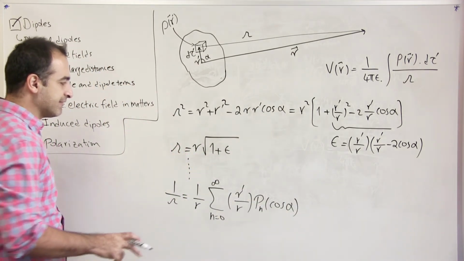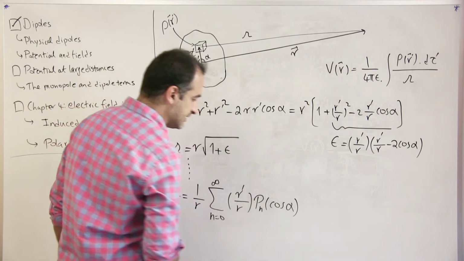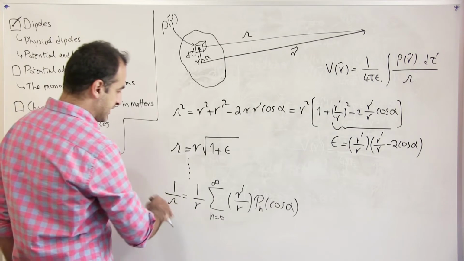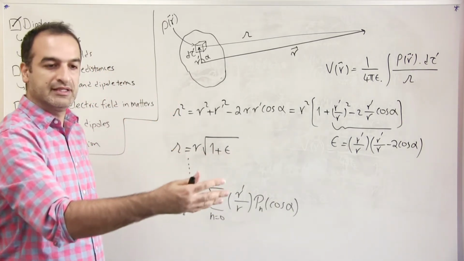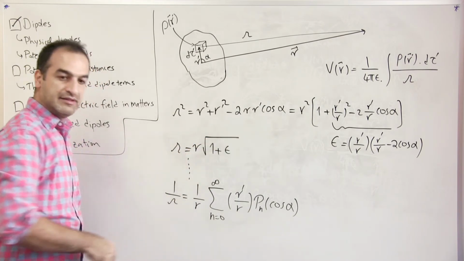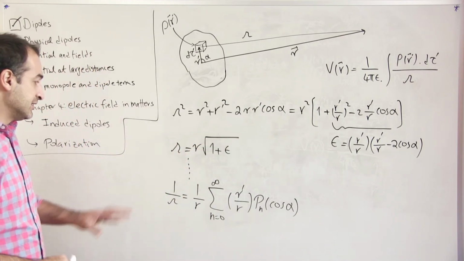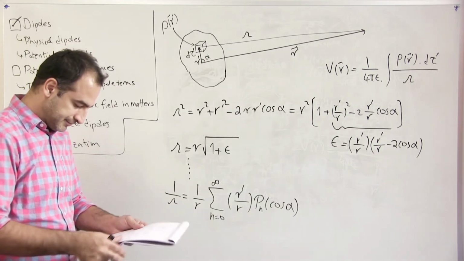But nice thing, everything then can be written in terms of the Legendre polynomials, and that's a nice coincidence. And the whole term here, if included all the way to infinity, really captures all the terms and becomes a relatively accurate way of writing 1 over r.